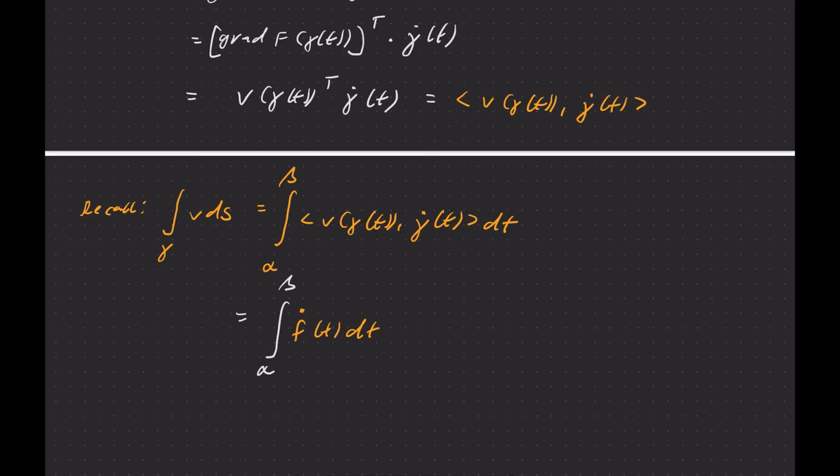And what that means in turn is, well, we integrate a derivative in dimension 1. That's easy. So the function is, of course, the antiderivative of its own derivative. So in other words, that integral is simply f of upper bound, f of beta, minus f of lower bound, f of alpha.